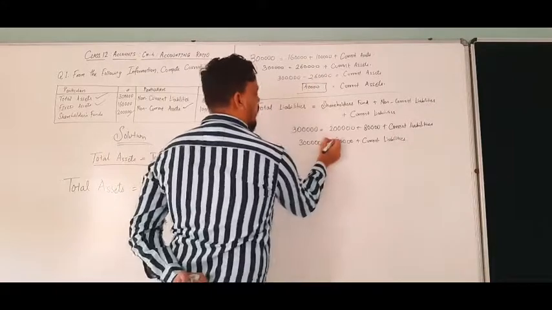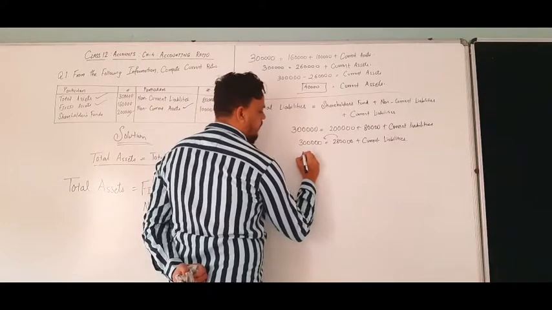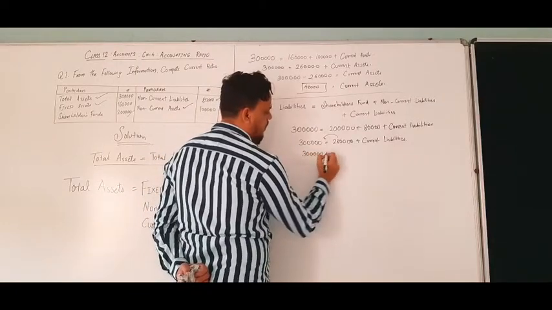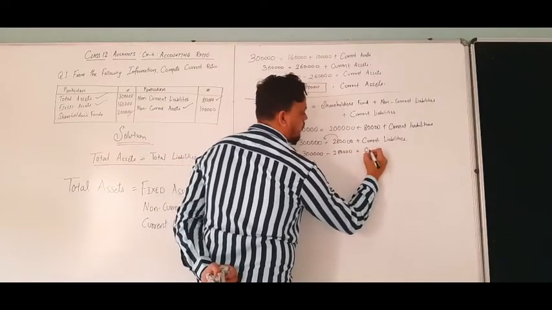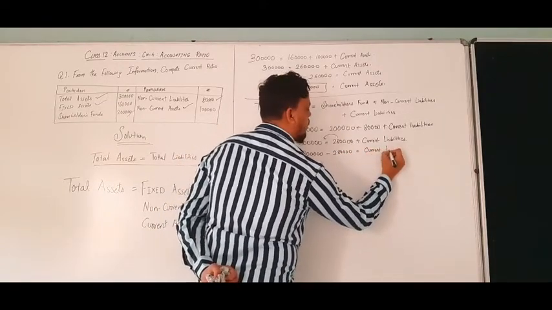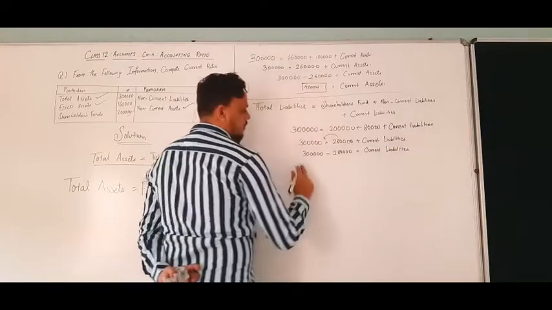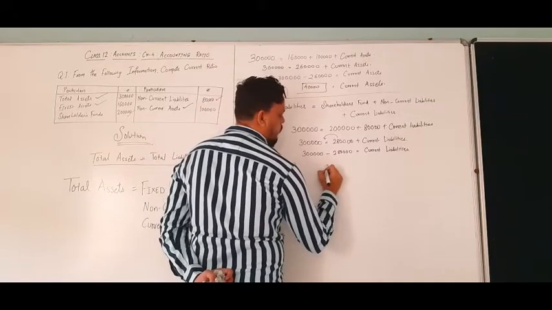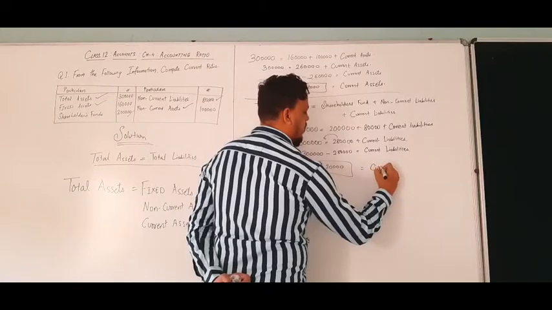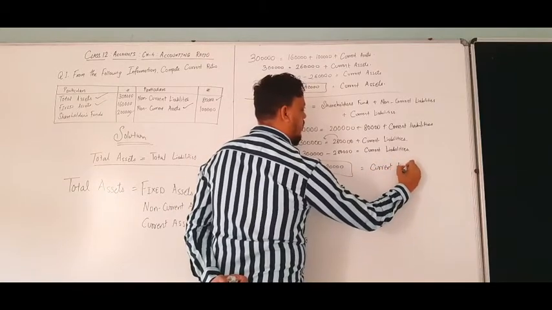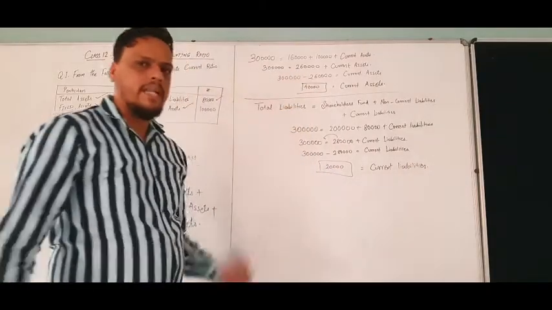So this amount will be transferred over here, because it's positive it will become negative. 3 lakh rupees minus 2,80,000 is equal to current liabilities. Here it comes to 20,000 as your current liabilities.